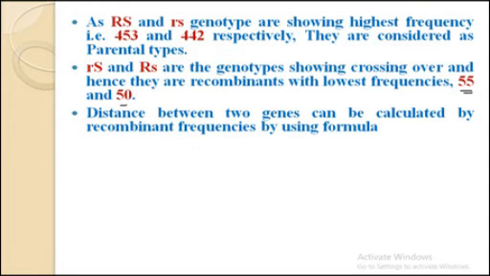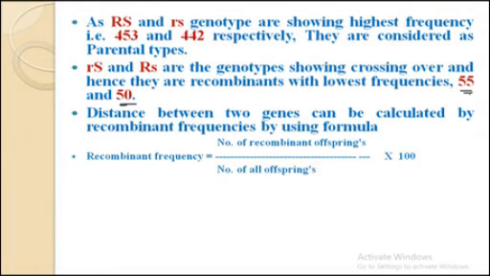So for the calculation of distance between two genes, we have to use only recombinant frequencies, and we have to use the formula for that. Recombinant frequency is equal to the number of recombinant offspring divided by the number of all offspring, times 100.